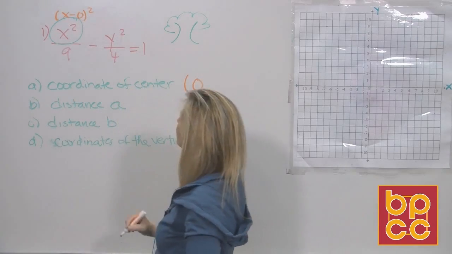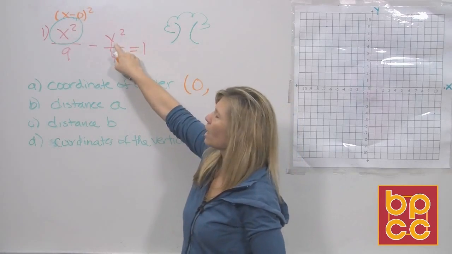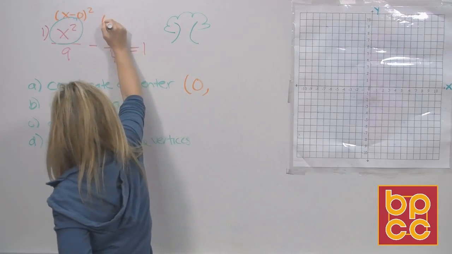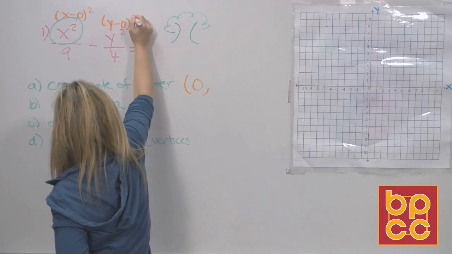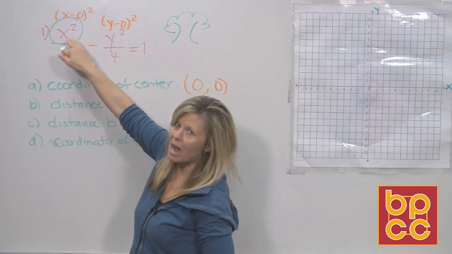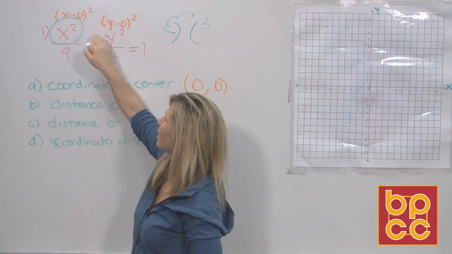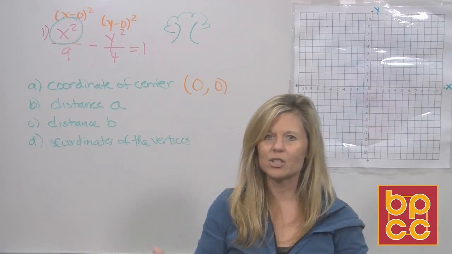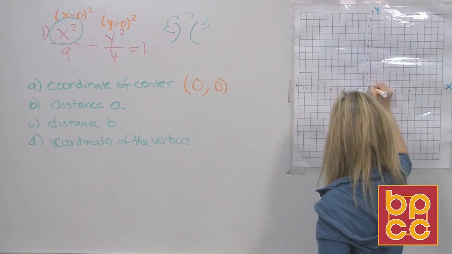So the h value is 0. There's no number being subtracted behind the y, so that must be y minus 0 squared. So your k value is 0. So if you do not see anything being subtracted from the x or the y squared, you can assume the center is always the origin. So I'm going to plot it.